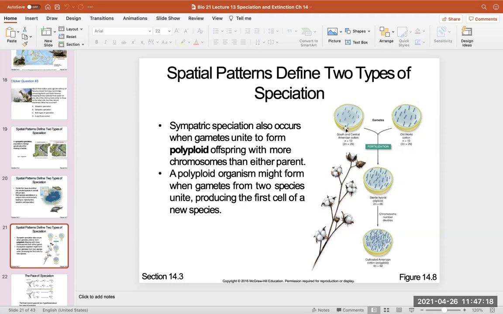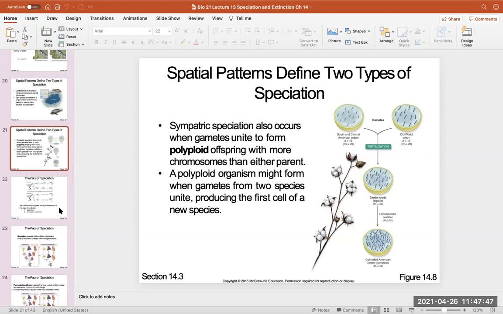In this cotton plant, you have two types of plants, and they produce a hybrid, and then somehow the chromosome number naturally doubles. Now this plant cannot go back and reproduce with the parent plant. So it happens naturally in 50% of all plant species, but it happens a lot in fern plants. That's polyploidy.